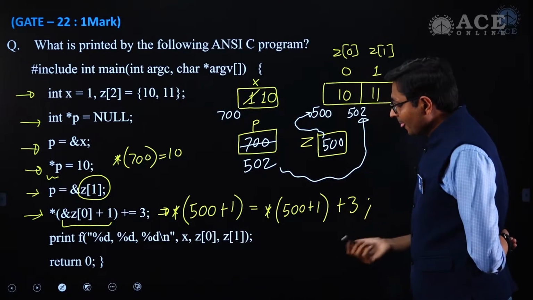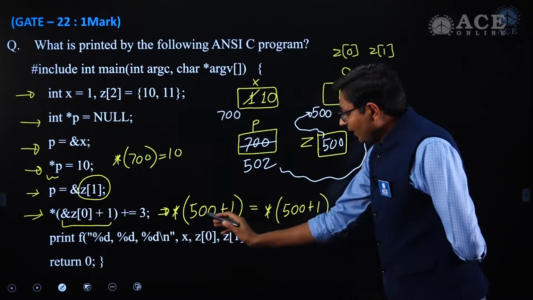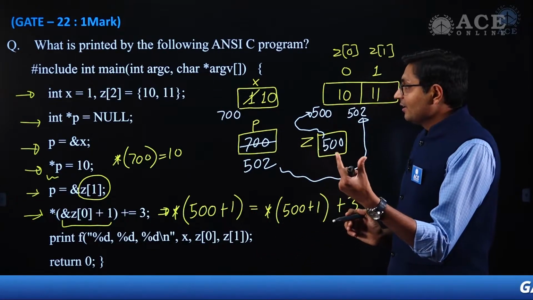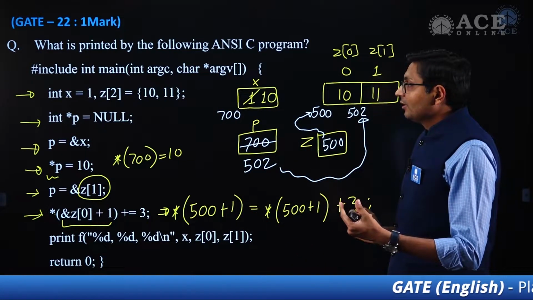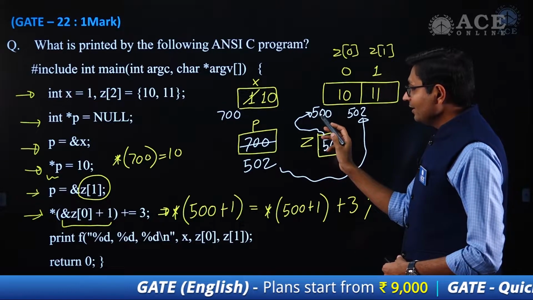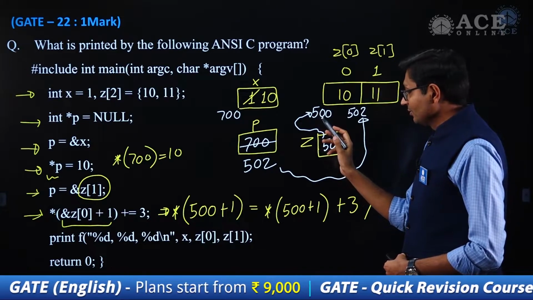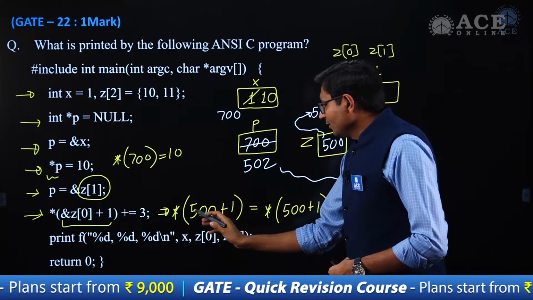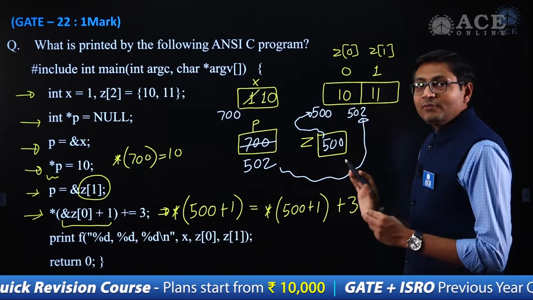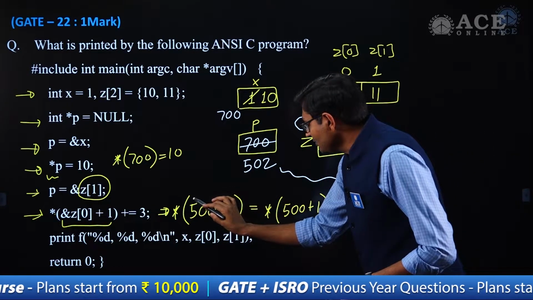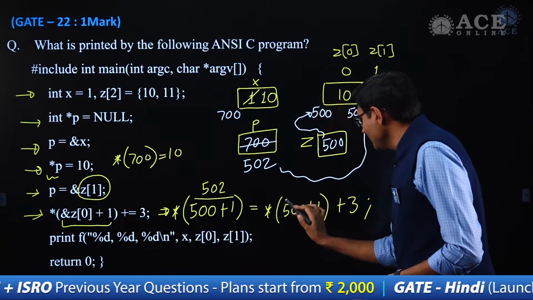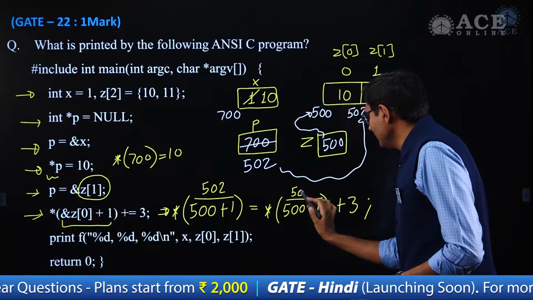Alright. Now let's simplify this. 500 and plus 1. See, 500 is the address of an integer, isn't it? 500 is an address of an integer. Therefore, if you add plus 1 to it, it will become 502. So this expression is nothing but 502. Same.